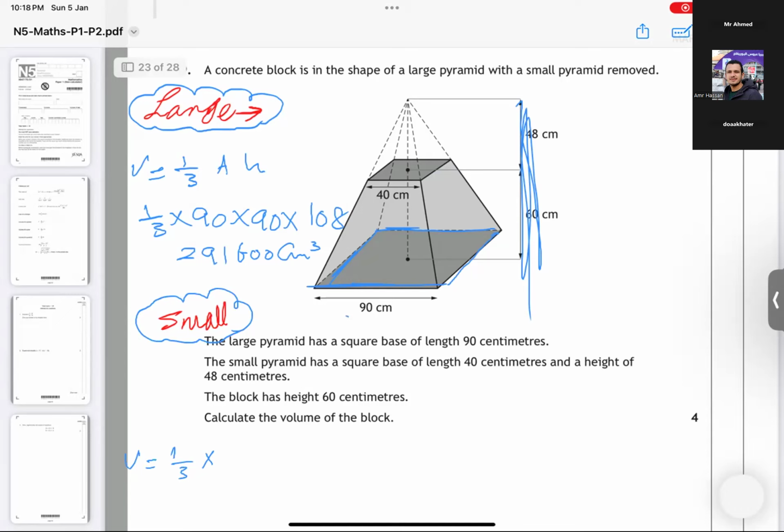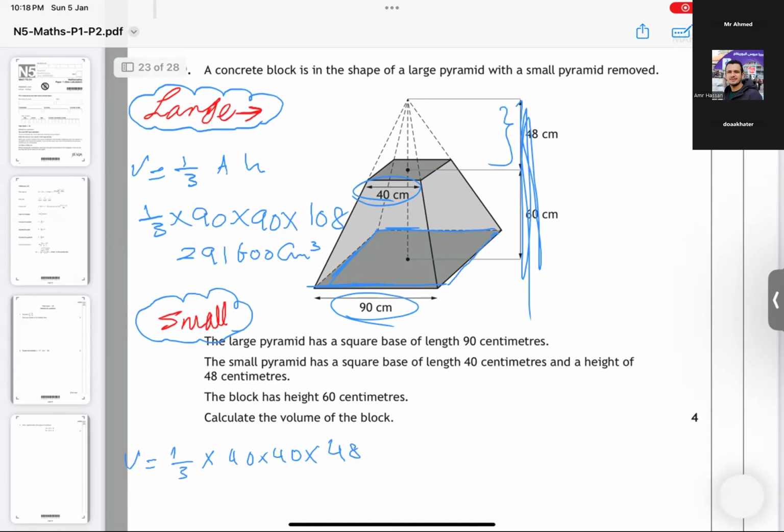So instead of using 90, I'm going to use 40, right? Yeah. Oh, wait, hold on. So yeah, times 40 times 40 times 48. Yeah, right. I need to back up this height.